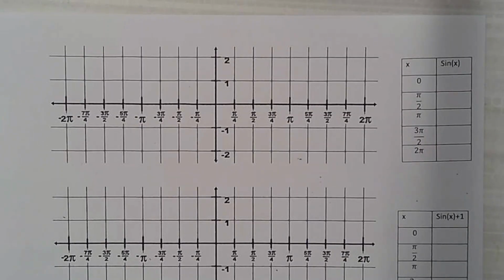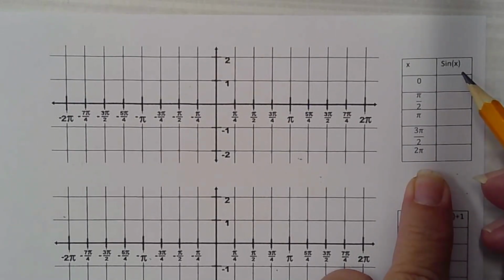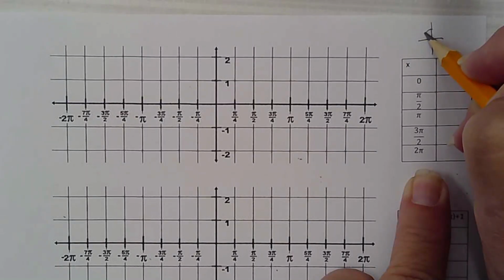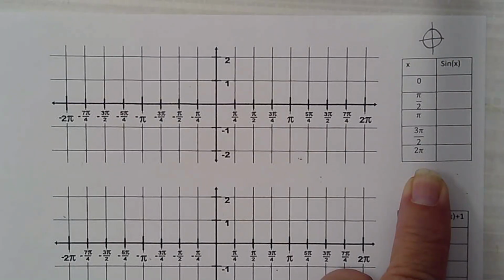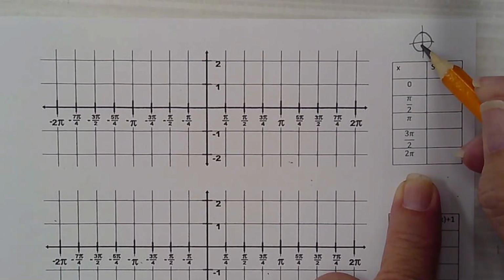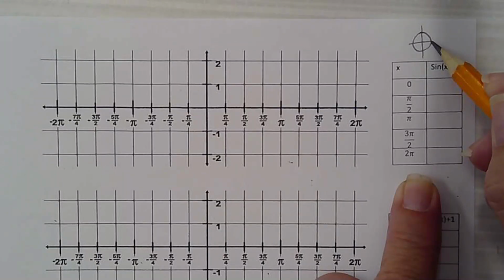We're going to start with graphing what we call the parent function, sine of x. I'm going to come up here and make a little mini unit circle. Remember that your sine value is your y value on the coordinate plane, because it's coming from opposite over hypotenuse.